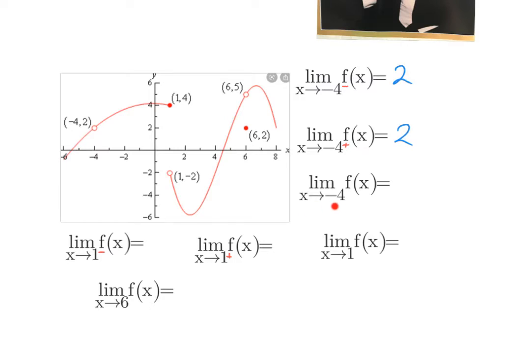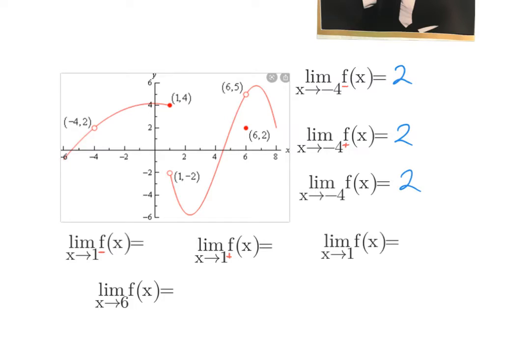And then the third question, there is no left or right, it's just limit as x approaches -4. And so what we've always said about this is that if the left-hand limit and the right-hand limit both exist and are equal to each other, then the limit exists and it will be that same number.